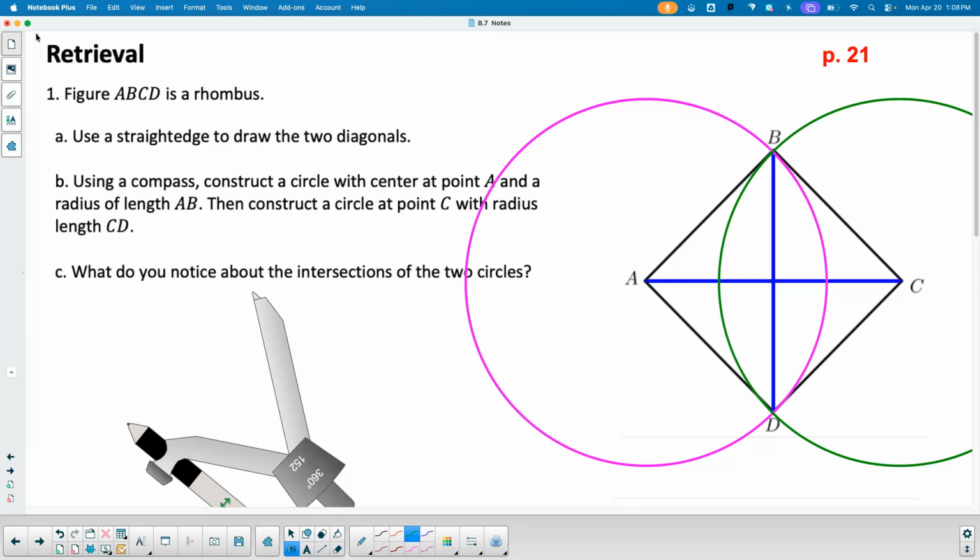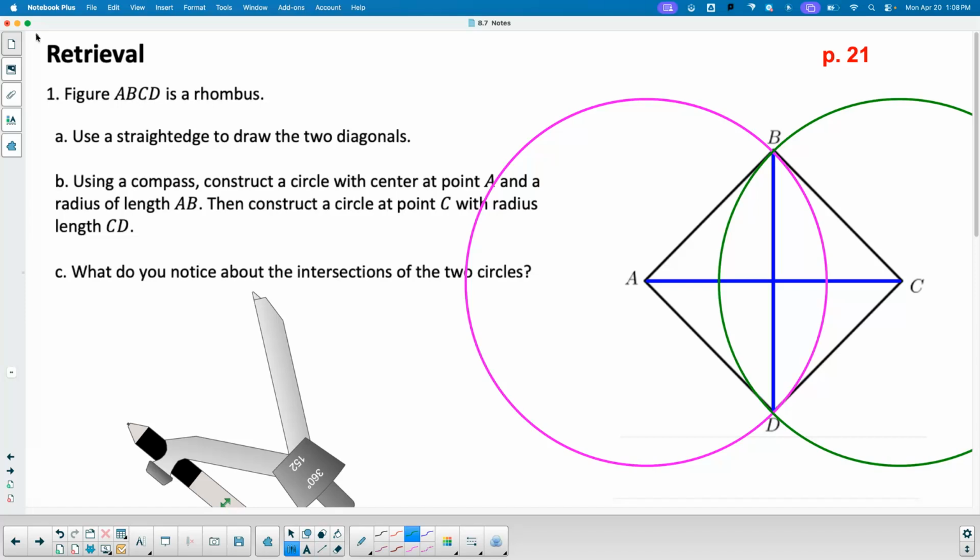Somebody give me an idea of why it works from your table. All the side lengths of a rhombus are the same, right? And what's our radius? Our radius was a side length of the rhombus in both of them. In the pink circle, the radius was side AB. In the green circle, the radius was side CD.